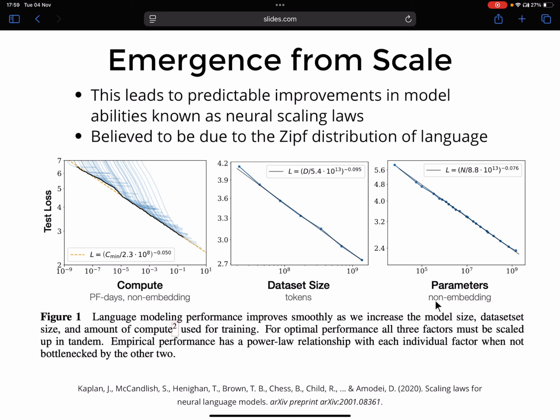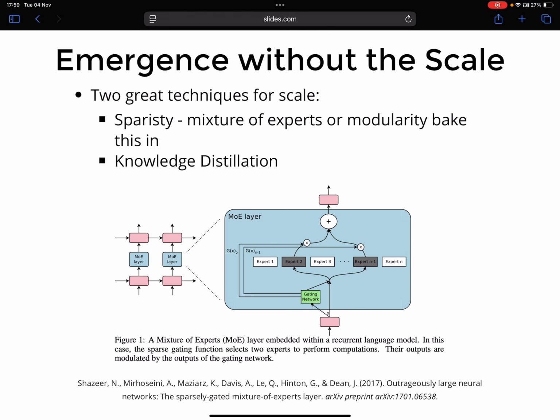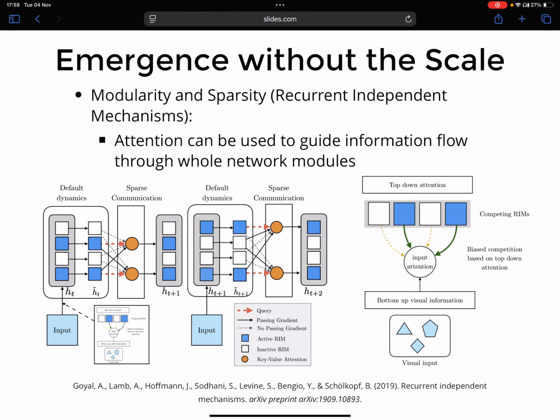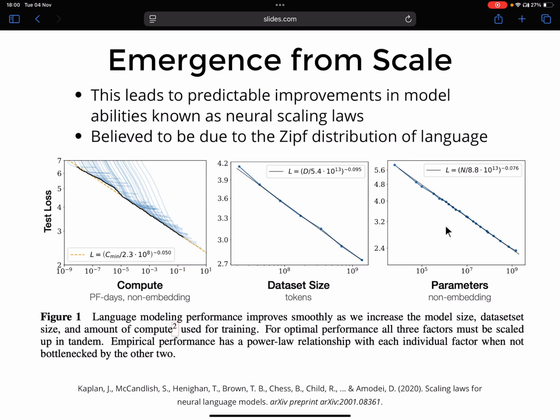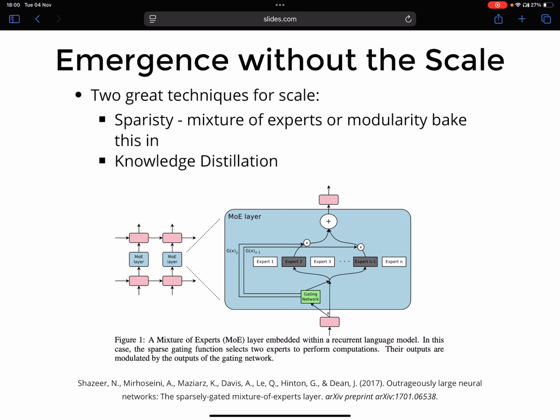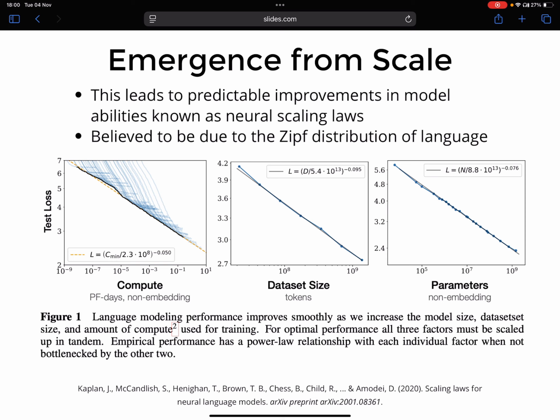Same with the number of parameters, especially if we're looking at things like mixture of expert models, sparsity and distillation. In that case, what we're effectively doing is finding innovative ways to give us more parameters without necessarily the downsides, right? And if it's not this paper, it was another one on neural scaling laws that made it clear that mixture of expert models are one of the ways we can start getting into the higher order number of parameters.